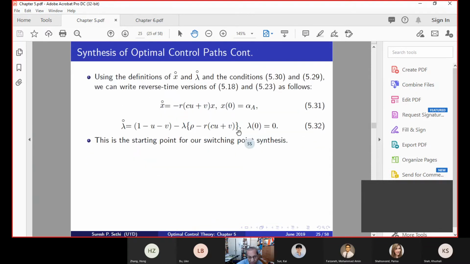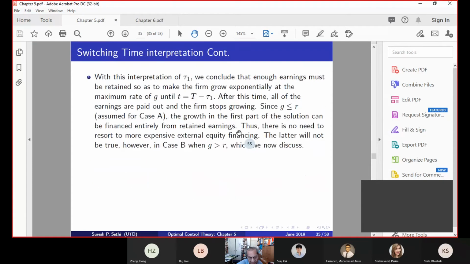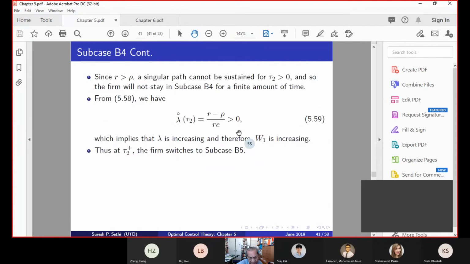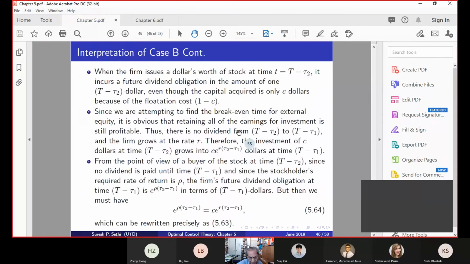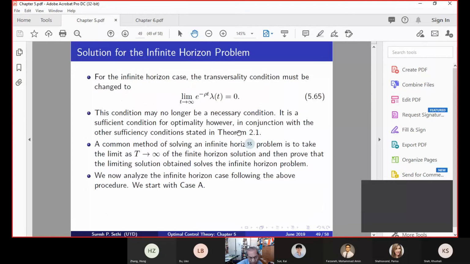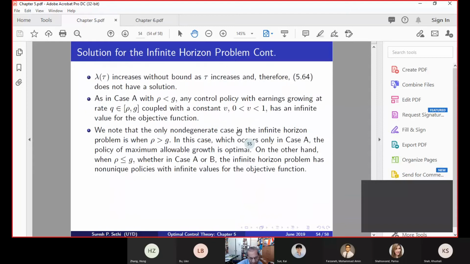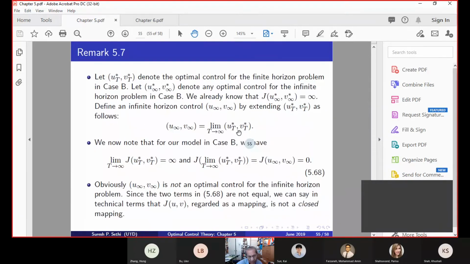So in order for us to specify what we mean by that mathematically, it is something like this. So here we go. Let u_T star, v_T star denote the optimal solution of the finite horizon problem.